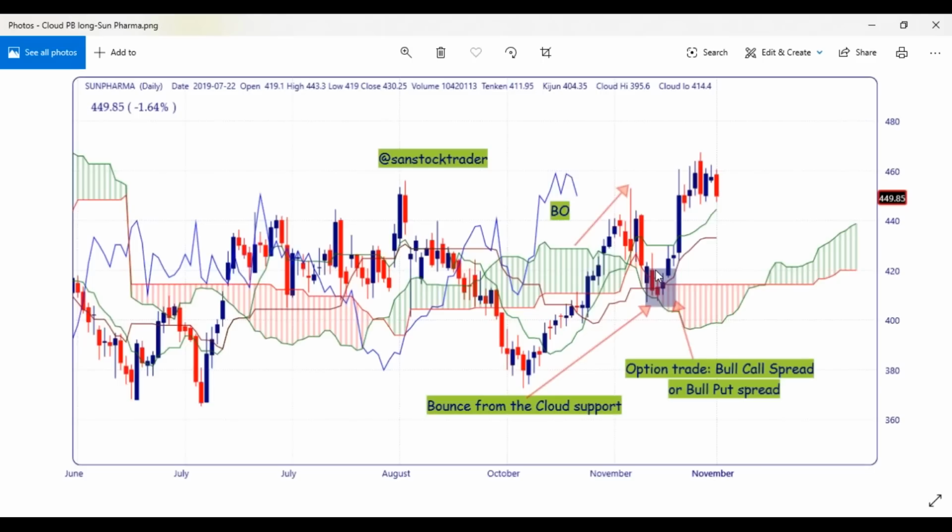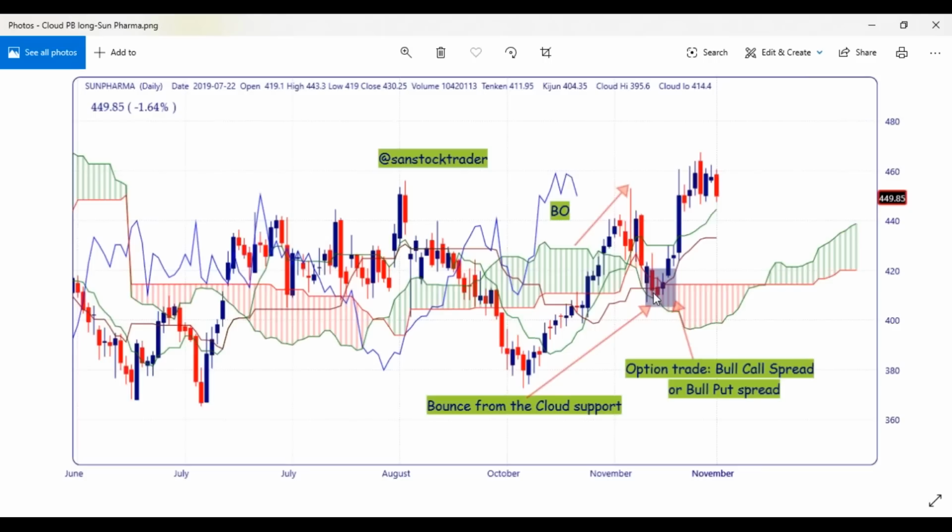So different option strategies can be used with this Ichimoku pullback strategy. Especially, this strategy works really well on index, so one can try with index.